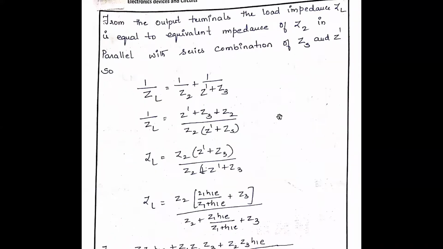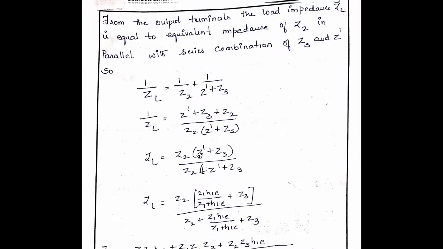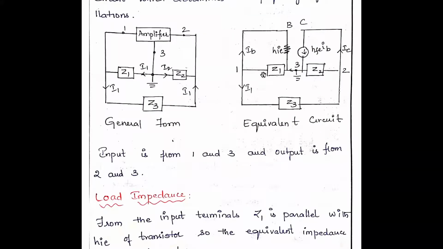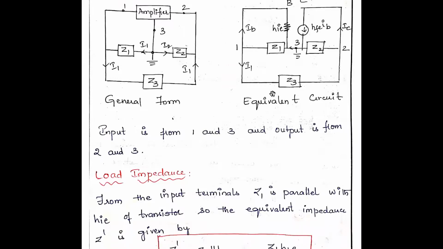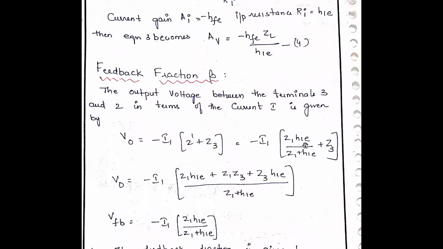We know Z dash is the parallel combination of Z1 and HIE, so Z dash is Z1 into HIE by Z1 plus HIE. So we are replacing Z dash with Z1 into HIE by Z1 plus HIE, remaining everything as it is.